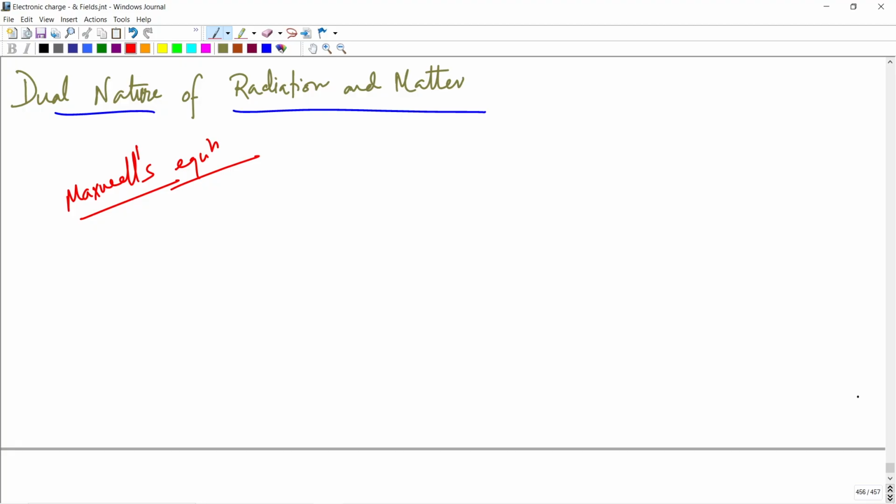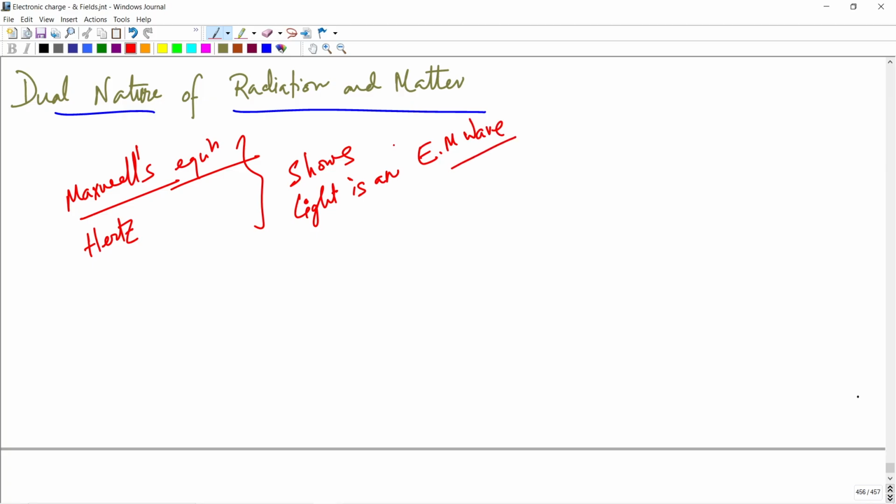So this shows that light is an electromagnetic wave, in the year 1887. So that's the nature of light. So we know that light has a wave nature.